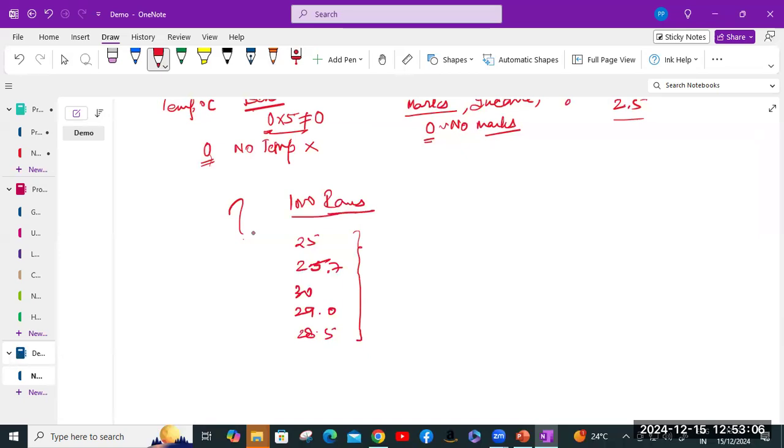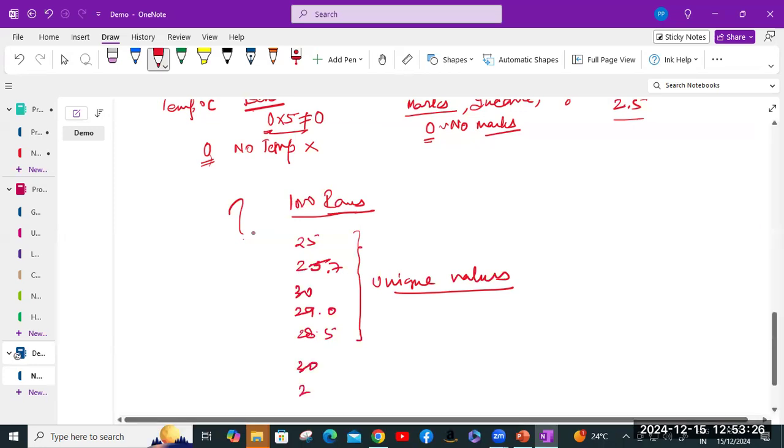Only these 5 values. Does that make sense to you? So these are called the unique values of that data. We have 1000 rows, we have 1000 data points, but the same points are repeating there. Again, we are getting 30 and 25.7 and 25 and this way.